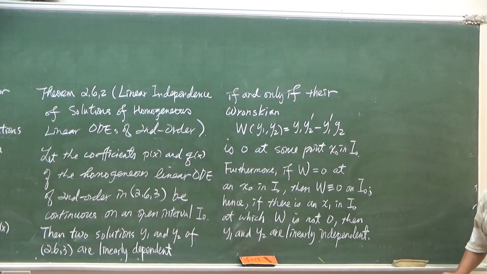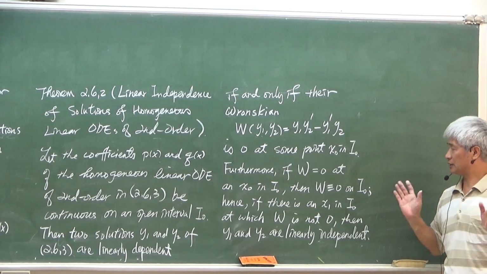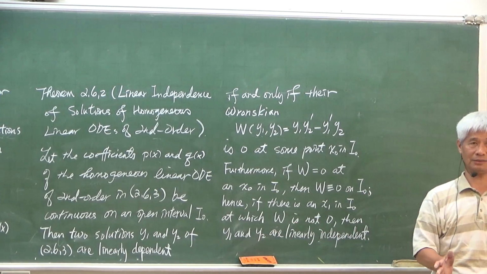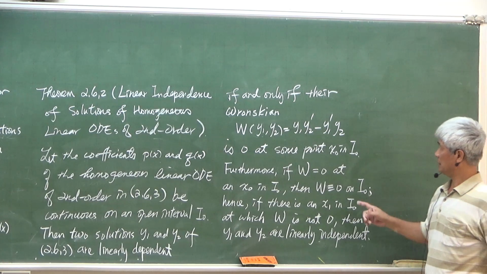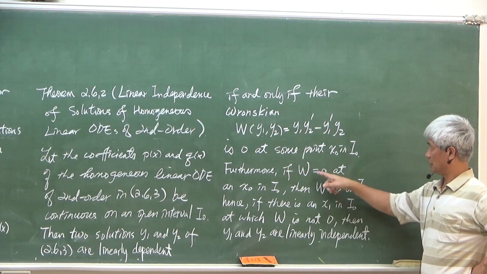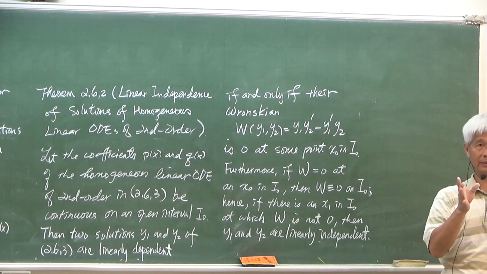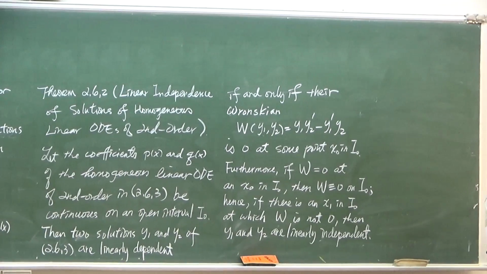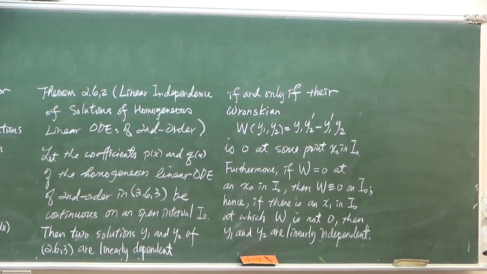Okay, so it turns out that to check whether two solutions are linearly independent, you only need to check that the Wronskian has non-zero value at a certain point. Only one point is enough. Only one point is enough.